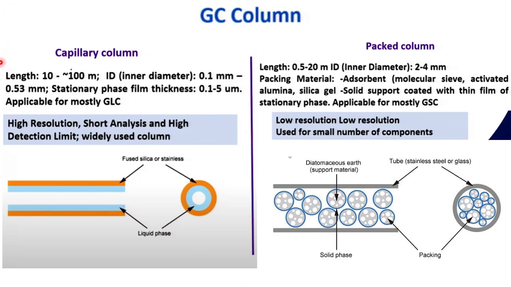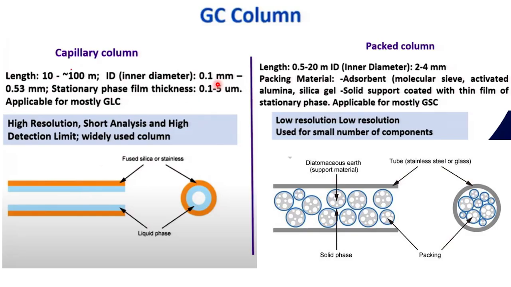In GC, the capillary column length is 10 to 100 meters, so that is why it is in a coiled shape. Inner diameter is 0.1 mm to 0.53 mm. The stationary phase film thickness inside that column is 0.1 to 5 micrometer. This is the wire that is shown in the anatomy of the GC. Inside that there is a fused silica that is coated on the surface of the column.